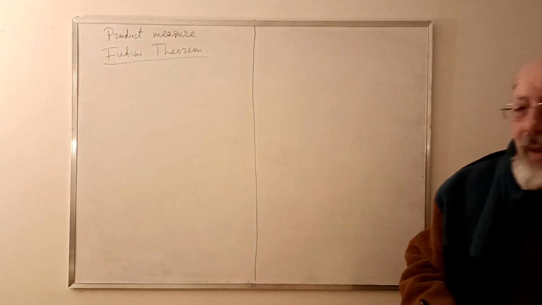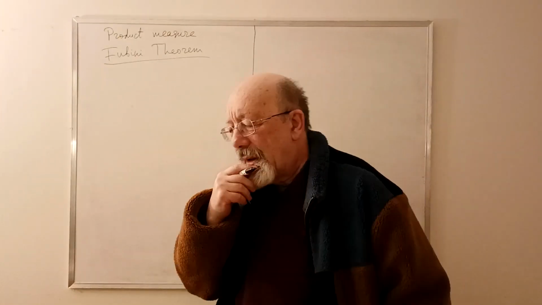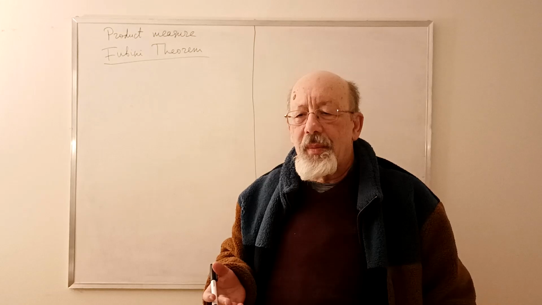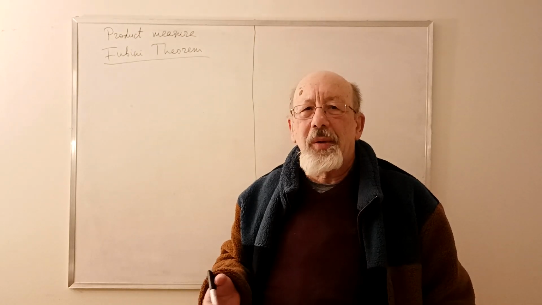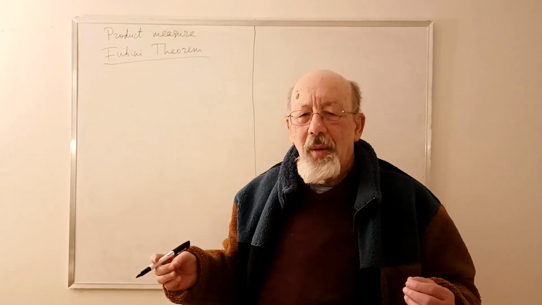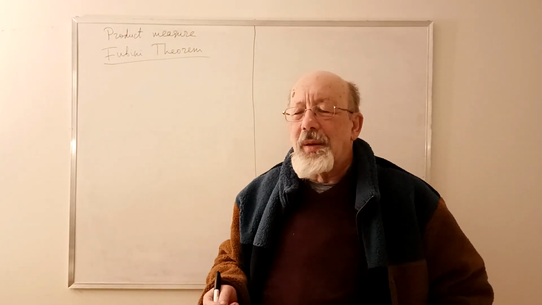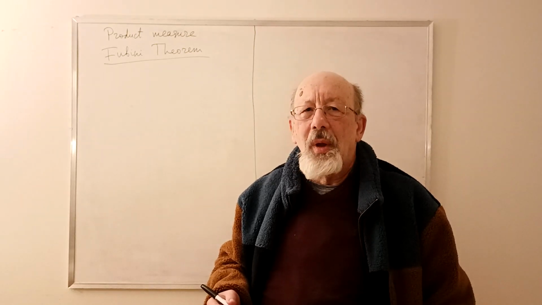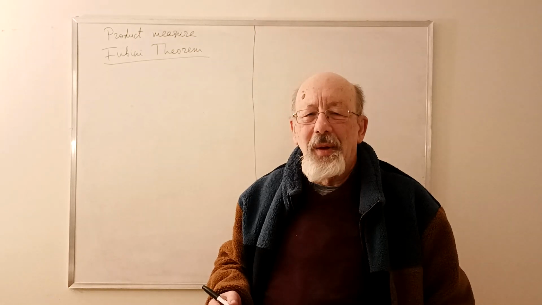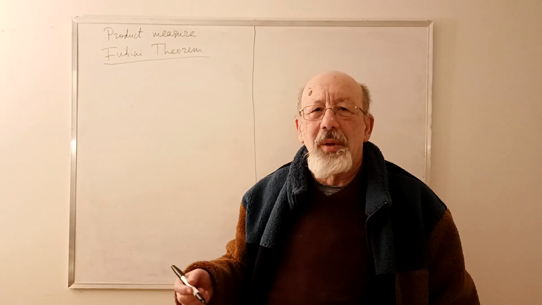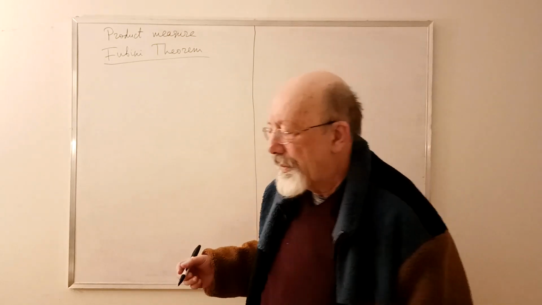Now, we have developed the measure and integration theory, Lebesgue theory, on the line, one-dimensional. Now, I want to do it in higher dimensions. It is enough to do it, say, in the square, and then it will be clear how to do it in any dimension.